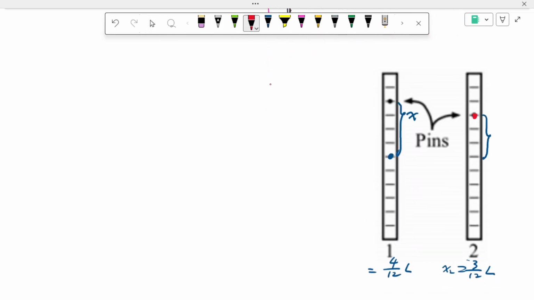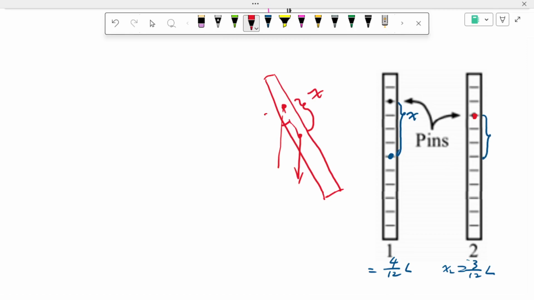If we have a small deviation from vertical, and this is the center of mass, and this is the pivot, and the distance between them is x, and now the angle is theta. So now we have the same situation, right?